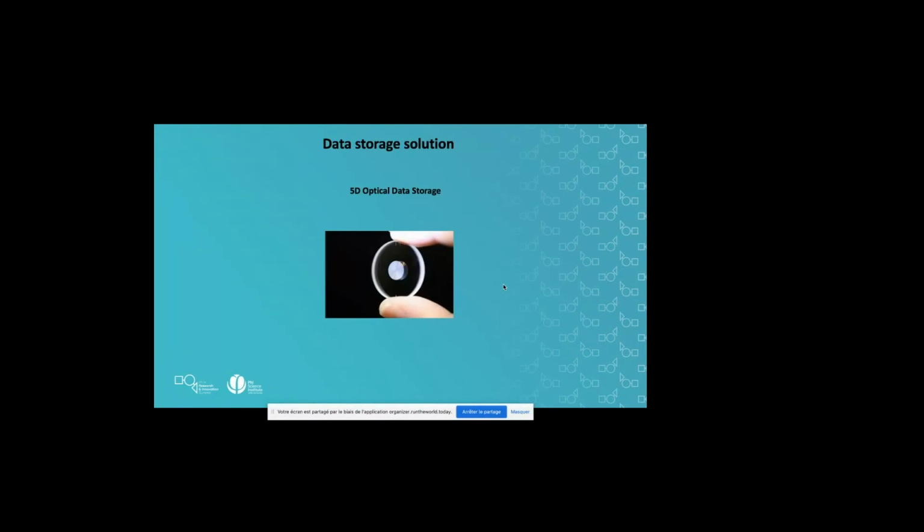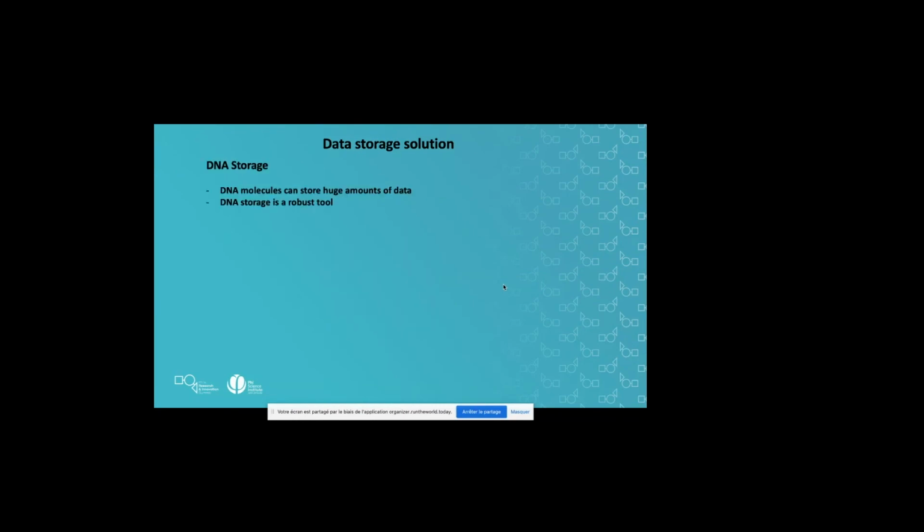For problems related to data storage, there is an alternative, which is the 5D optical data storage. This memory crystal can store up to 360 terabytes of data for billions of years. And another solution is DNA. Yes, DNA. DNA is used to store huge amounts of data, and it could be the future of data storage. It's also a robust tool.